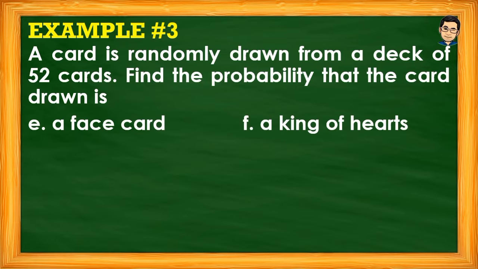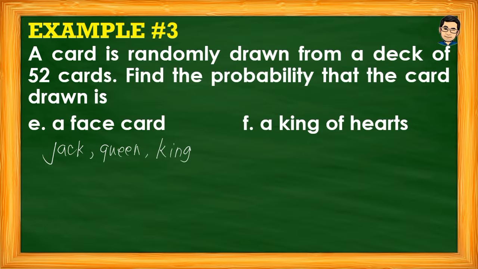Last, we have a face card. Okay, so meron tayong tinatawag na mga face cards tsaka non-face cards. Basically, pag face card ang pinag-uusapan natin, ito po yung may mga mukha. Okay, so alin sa mga cards natin ang may mayroong mga mukha? Ito po yung mga jack cards, queen cards, and then yung mga king cards.